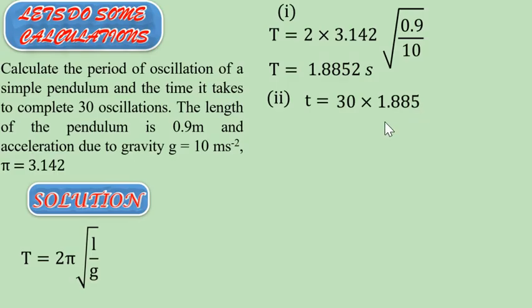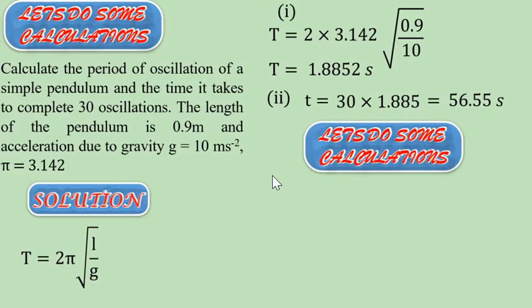Use your calculator and work this out. If you do that, you are going to have 56.55 seconds. So therefore, the time to complete 30 oscillations would be 56.55 seconds.